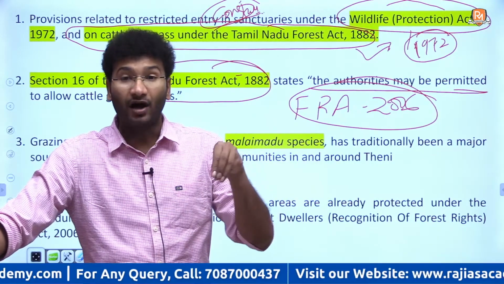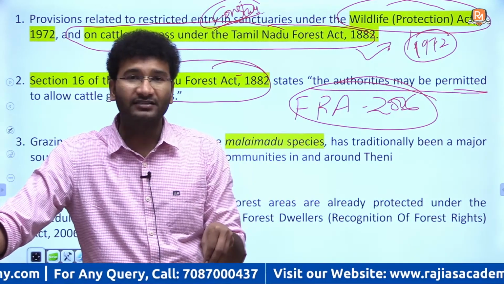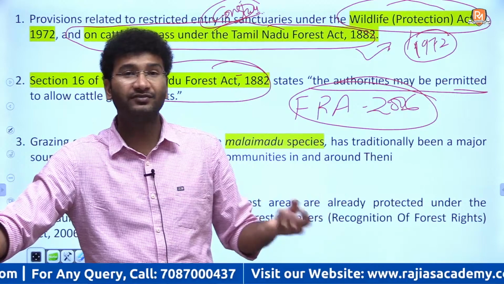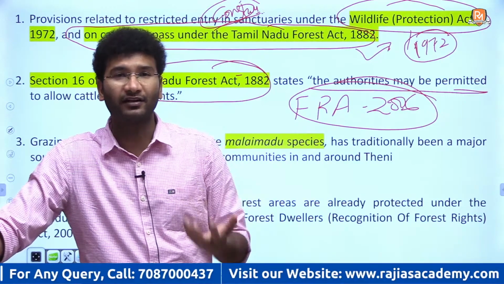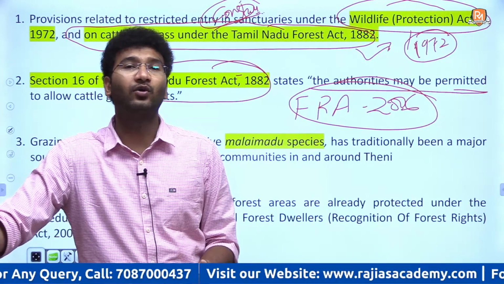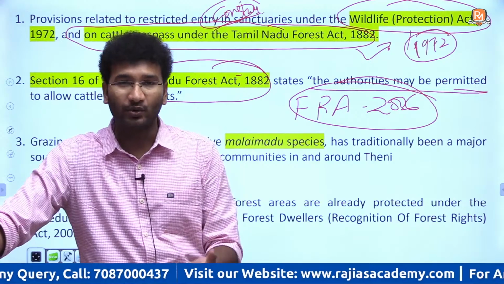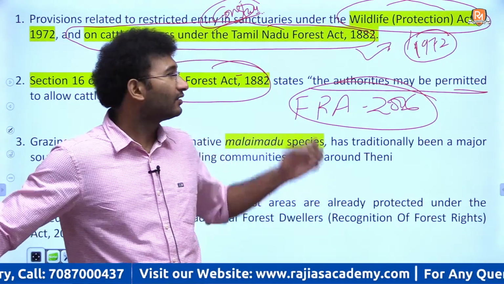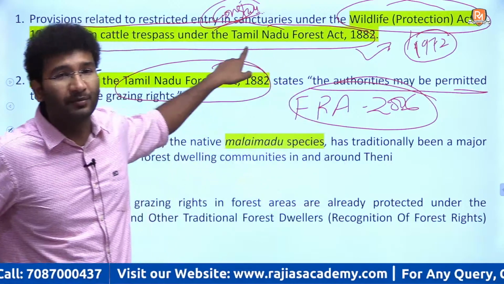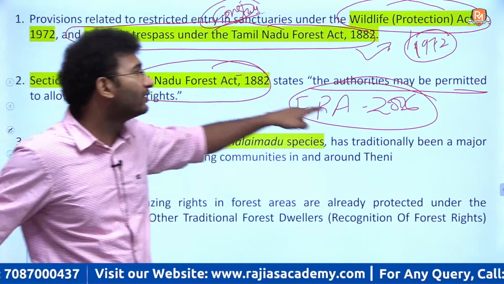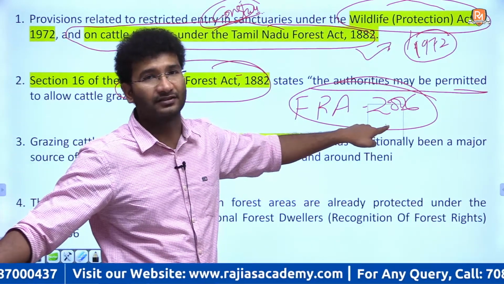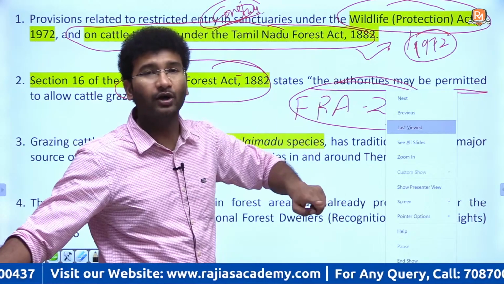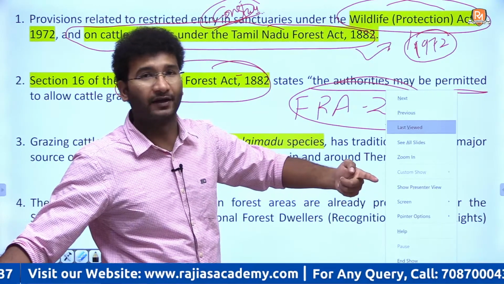Now when there is already a right, that is the Forest Rights Act, which gives them the right to enter into that forest for their grazing, why is it that the court has said you are not allowed to graze your cattle in that particular area? It is because the court has taken into consideration the Tamil Nadu Forest Rights Act and not the Forest Rights Act of 2006. So it is up to the court which perspective it wants to take, right.